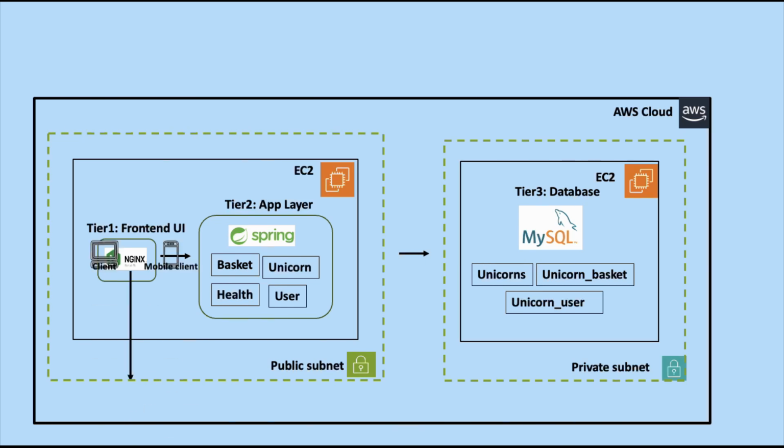Okay, and as usual, the clients will talk to the front end UI through the public IP of the EC2 machine to access the services. Okay, so let us go through the code and deploy this infrastructure and see how it works.